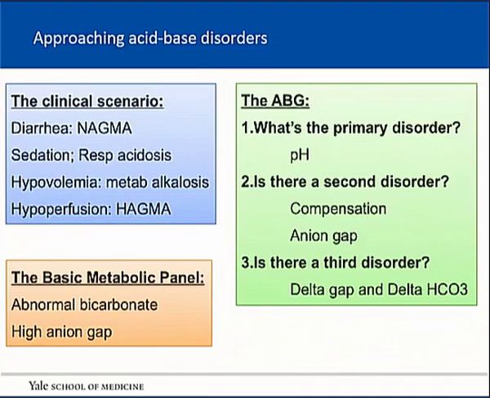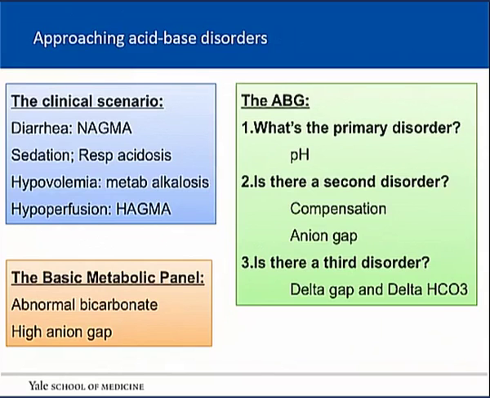There's no intelligent discussion about acid-base disorders without an ABG. The ABG is going to be important to first define what the primary disorder is, and that's the pH. If the pH is acidic, the primary disorder has to be an acidosis. Whether it's metabolic or respiratory is up to be defined, but the primary disorder has to be an acidosis. And then it helps you define if there's a second disorder.